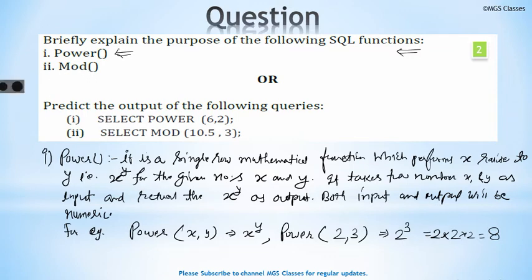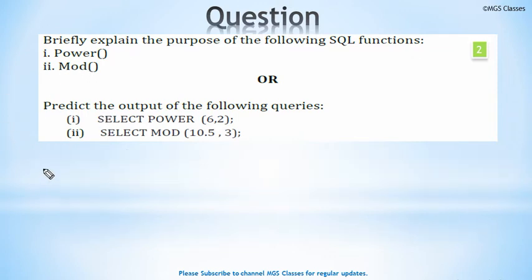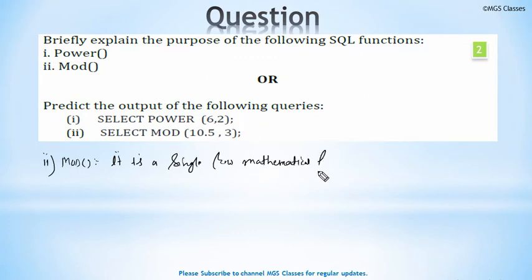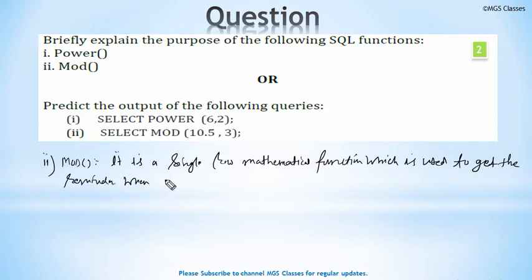And another portion is given as the MOD function, so I am writing the answer for the MOD function. So the MOD function is a single row mathematical function which is used to get the remainder when a number m is divided by n.